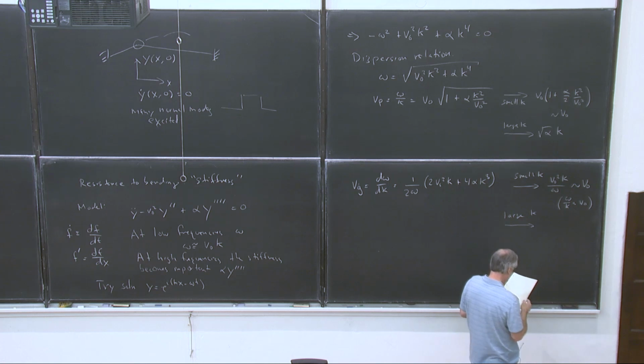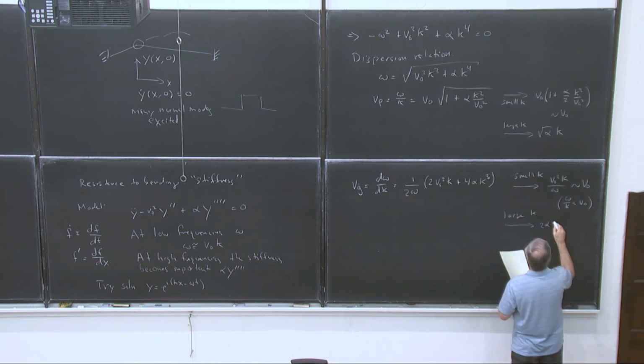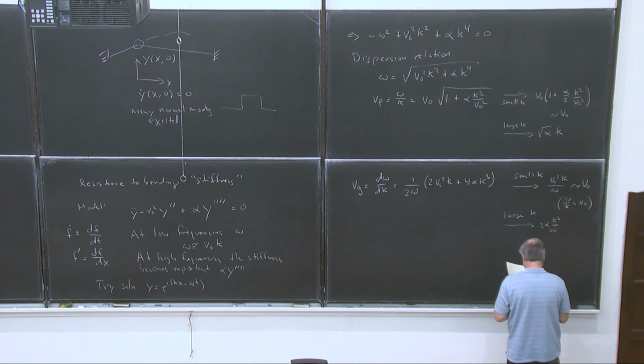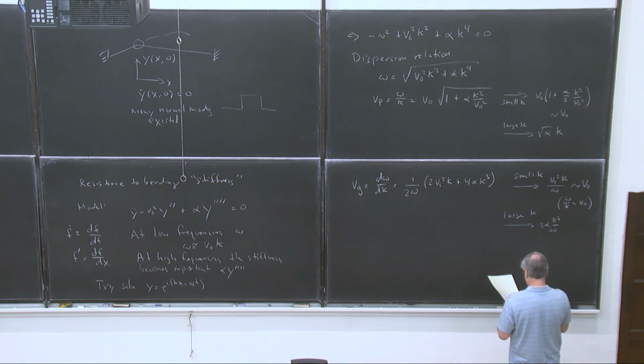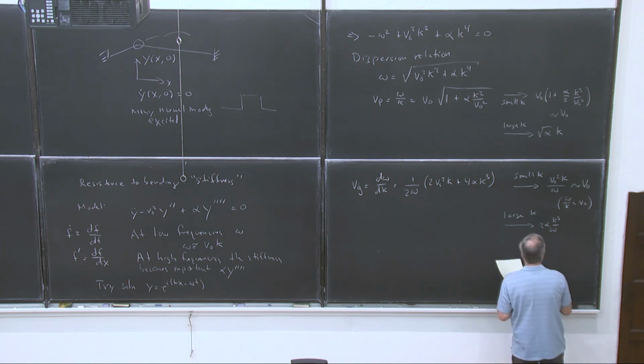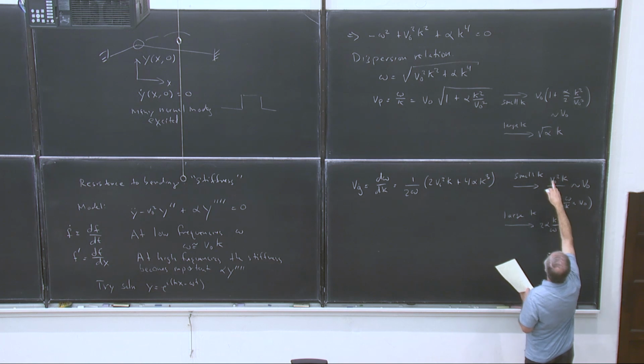this goes to 2 alpha k cubed over omega, and let's see, so how do I do this? So that's 2 alpha k cubed. So v phase is that, so let me use that.